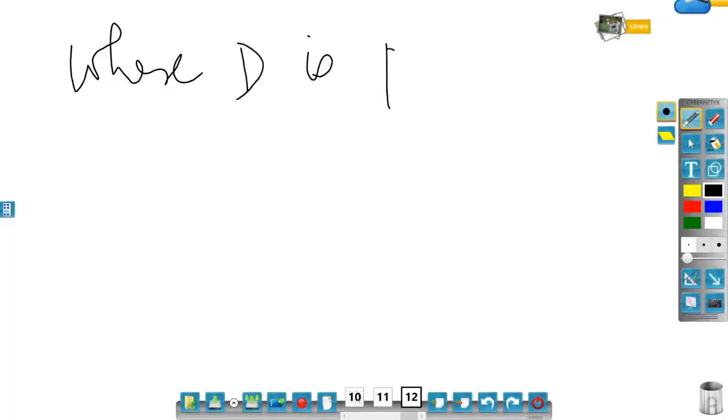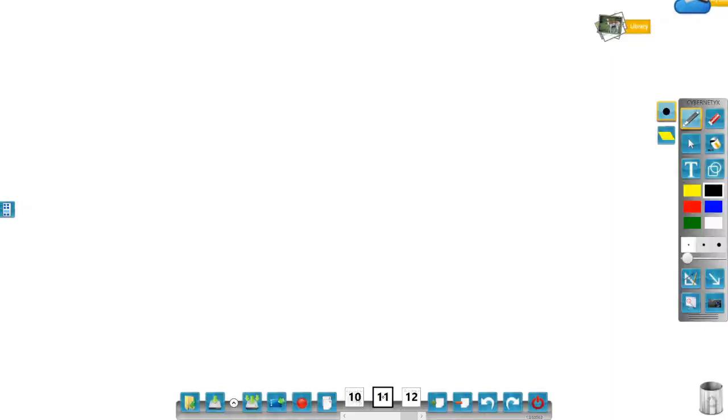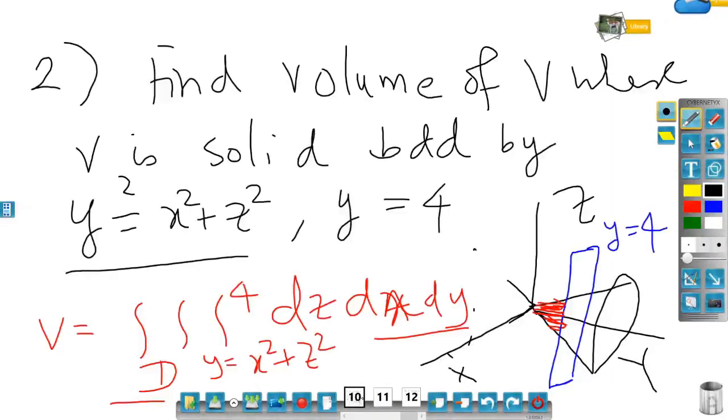D is the projection in the xz plane. So if I project this on the xz plane, then you can see that this cone is basically a set of small concentric discs.